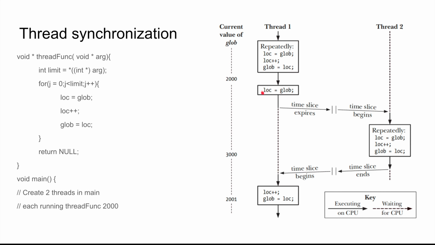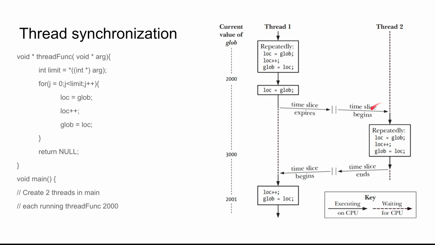LOC, as we saw earlier, would be 2000. It would move on to incrementing LOC to 2001 and writing it back to the global variable. The global variable would now be 2001. With this, the increments done by thread 2 have been lost.